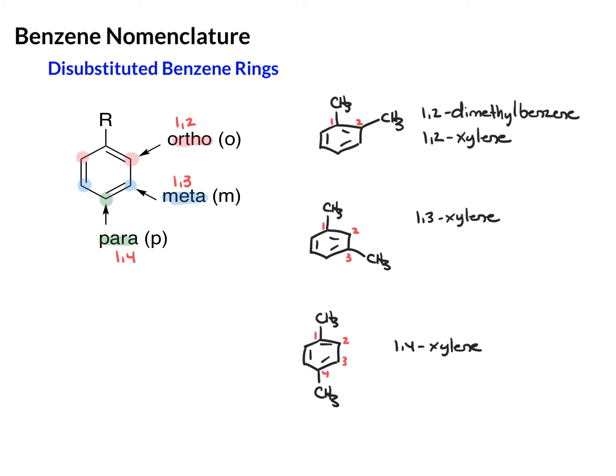So coming back up to 1,2-xylene. Because of that relationship, the 2 methyls are ortho to one another. So it would also be totally valid to write this as orthoxylene. Or simply o-xylene.